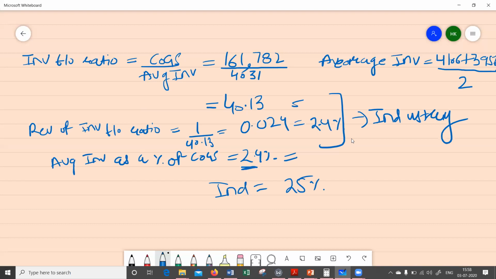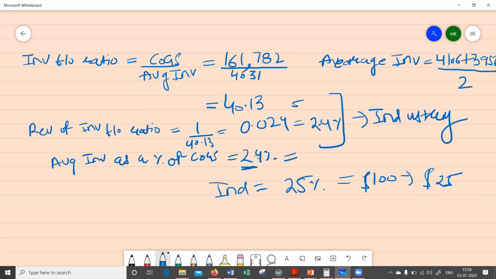So if other companies in the industry are selling goods worth $100 in 1 year, they still have $25 of goods lying in the inventory so that if any demand comes up, they can just process this inventory quickly and use it to sell it.